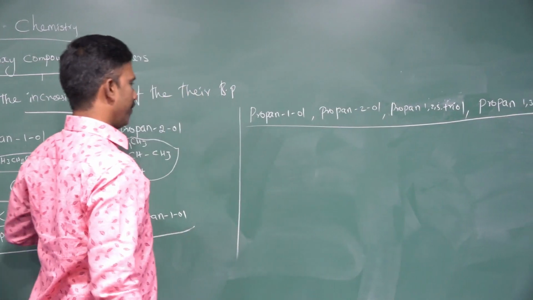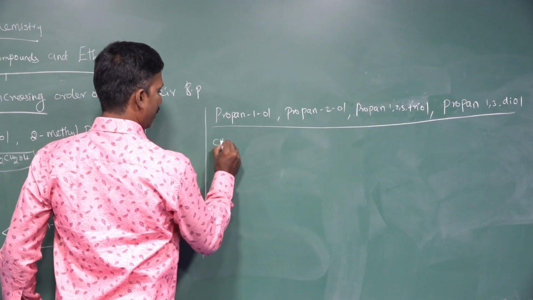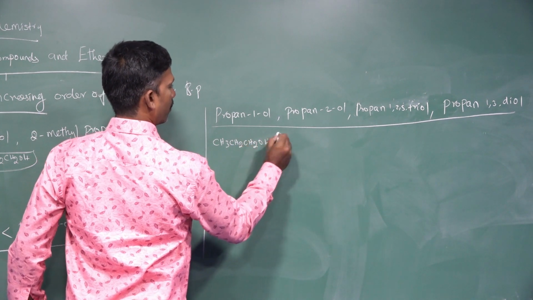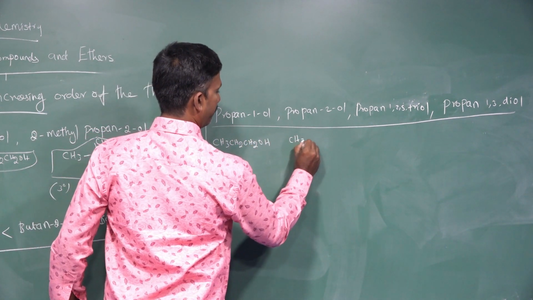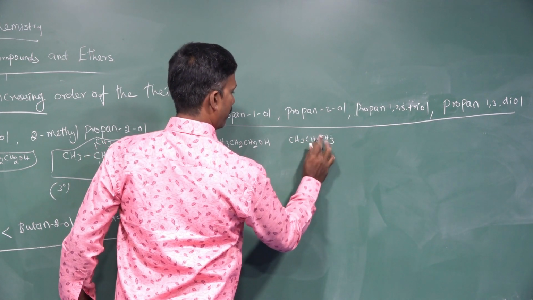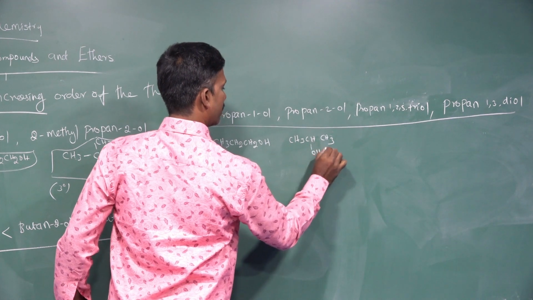They have given, in the same way, if you write the formula, it will be very easy. First, propanol. Okay, propan-2-ol. They have given propan-2-ol, the formula will be like this.